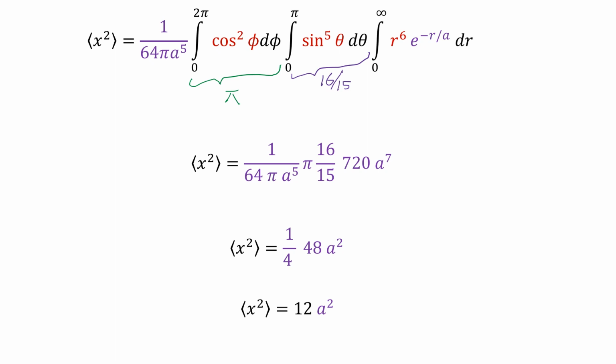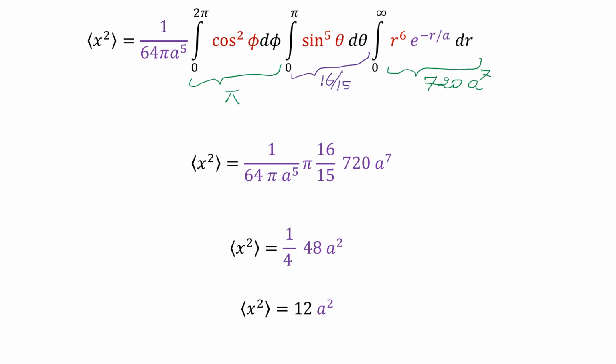The radial part of the integral we have seen is equal to 720 a power 7. So you substitute this: first the constant 1 over 64 pi a power 5, the next one is pi, then 16 over 15, then 720 into a power 7.